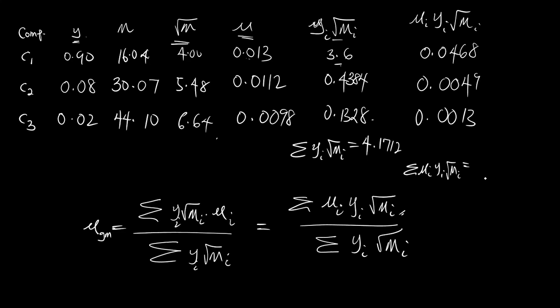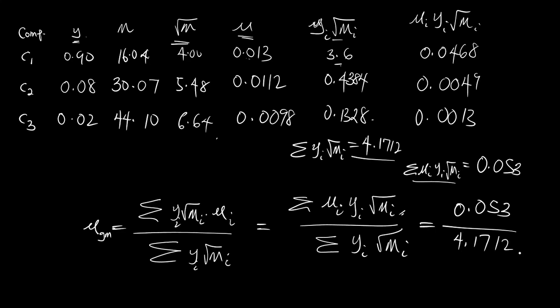We now have 0.0468 plus 0.0049 plus 0.0013, so we have 0.0535. Using the formula, we have 0.0535 divided by this value here, which is 4.1712.